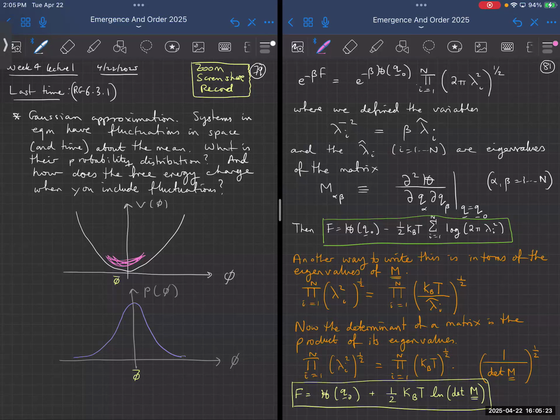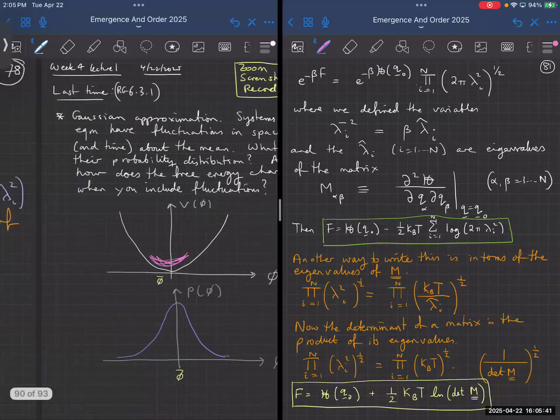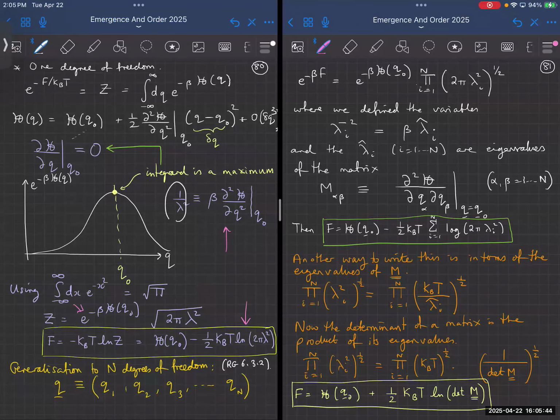So you have a matrix d2h by dq alpha, dq beta, and when you write down the eigenvalues of that matrix, the end result is that you get the variable that tells you the fluctuation contribution. This lambda over here is now related to the eigenvalues of this Hessian matrix, and so you end up with the formula, which is just the same as we had for the 1 degree of freedom case, but now we sum over all of those different modes. Okay, so that's a multi-dimensional version.